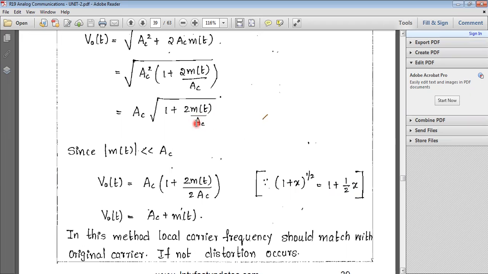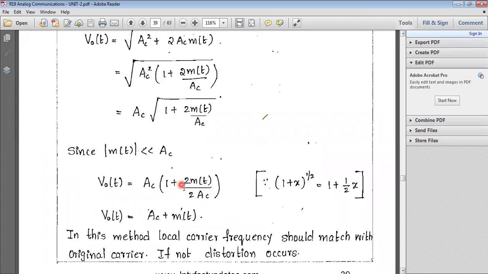If you write x as 2 into m of t by AC, then this expression becomes AC into 1 plus 2 into m of t by AC into 1 by 2.